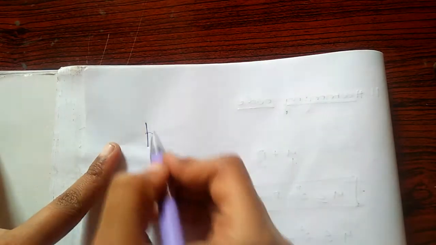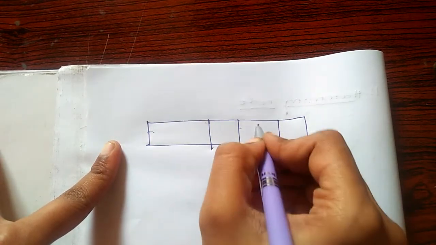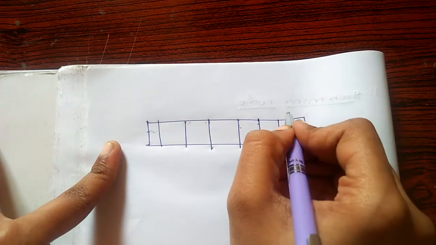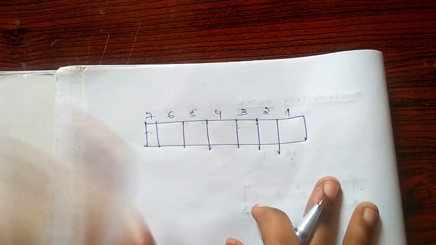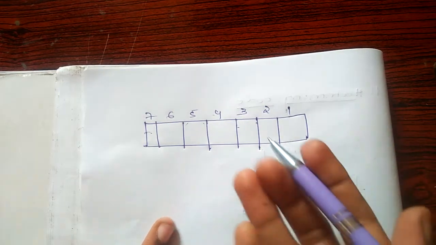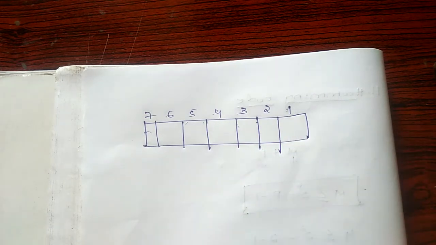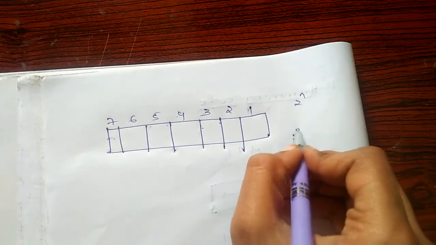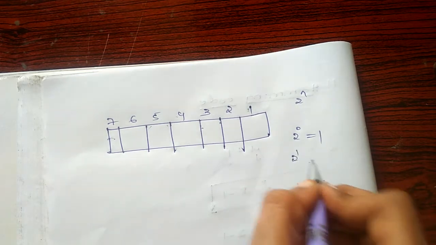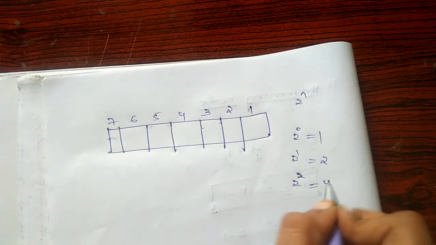Okay. See, 1, 2, 3, 4, 5, 6 and then 7. So in which position you need to put the parity, and in which positions you need to put message bits, is indicated with the 2 power n, I said. So 2 power 0 is 1, 2 power 1 is 2, 2 power 2 is 4.